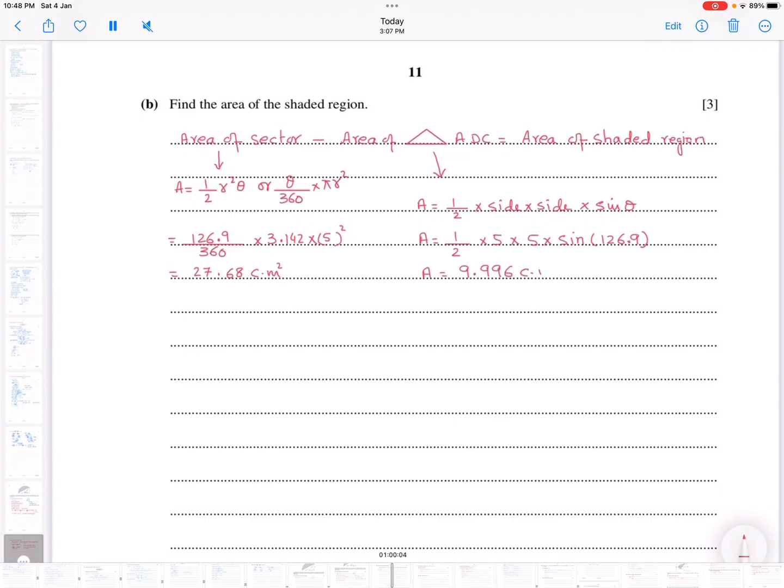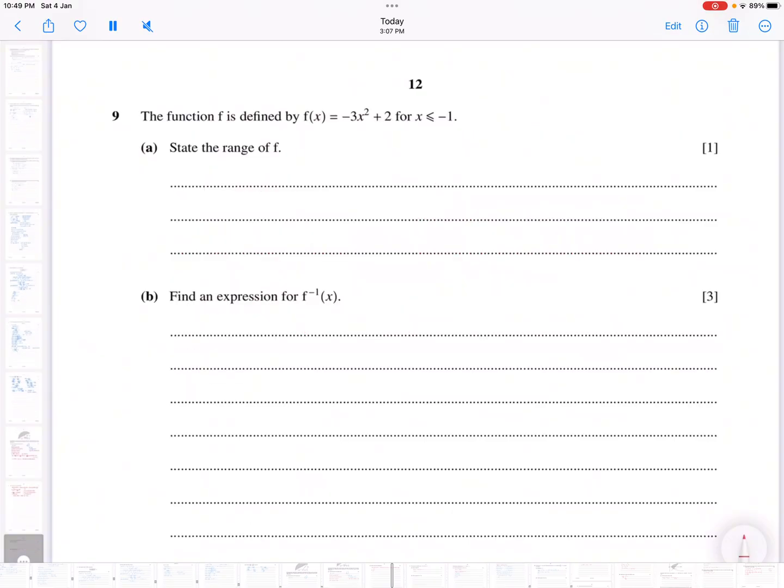Use a calculator and you get this value. Now you can subtract 9.996 from 27.68 and you will get the area of the shaded region. This is your answer for part B.